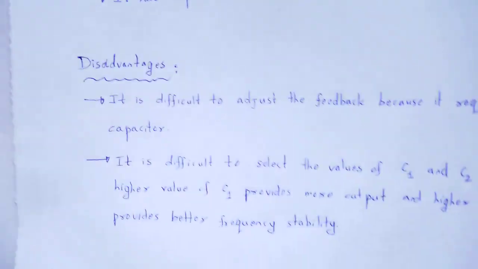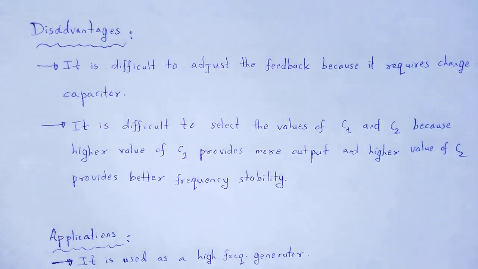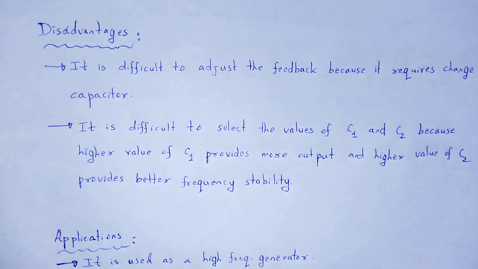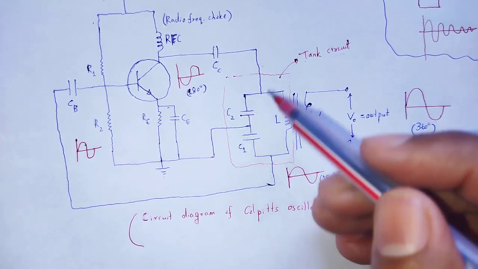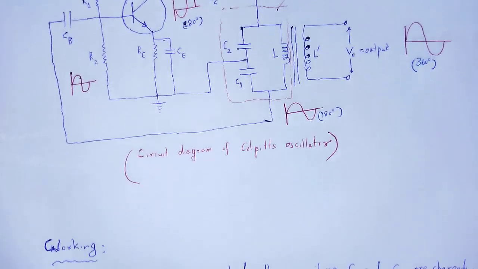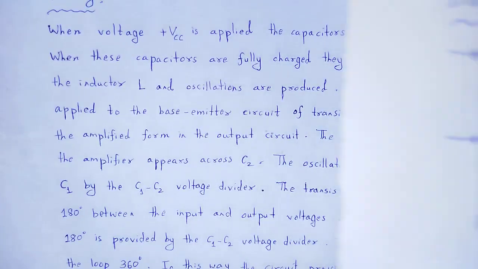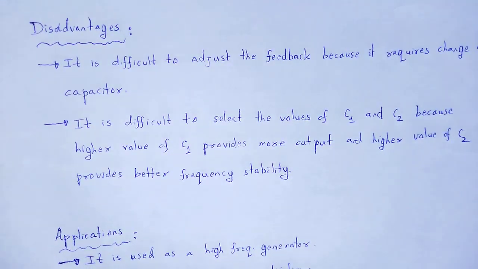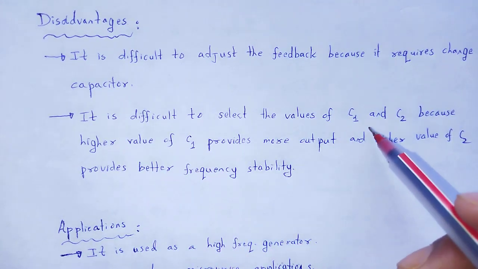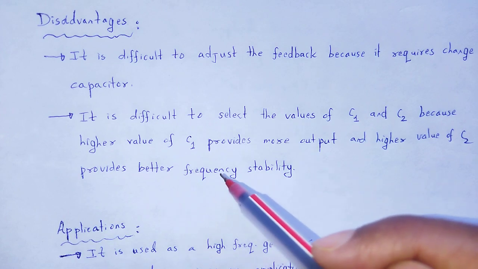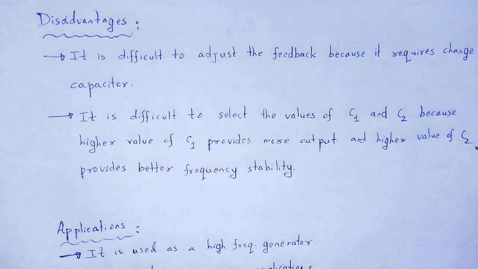Next, disadvantages: it is difficult to adjust the feedback because it requires change in capacitor. Here the capacitance is varying, so it is difficult to adjust the feedback due to that reason. Next, it is difficult to select the values of C1 and C2 because higher values of C1 provides more output and higher value of C2 provides better frequency stability.